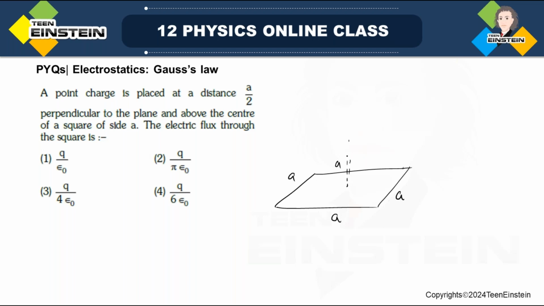Okay, so let us write this point. This is a charge q placed at this particular position. This is a by 2. So what will be the flux through this square surface?